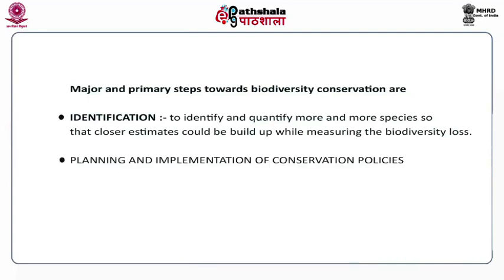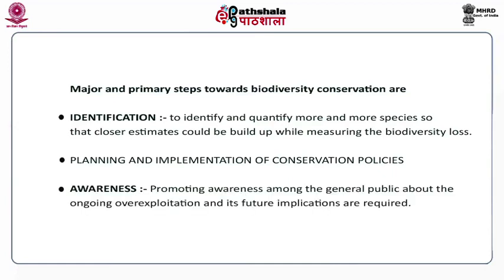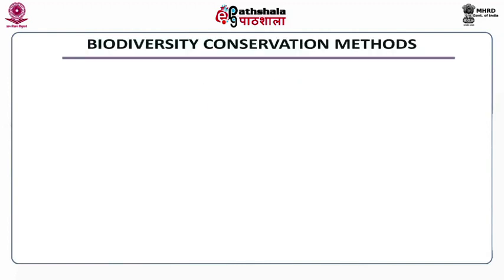Another step can be planning and implementation of conservation policy and awareness, means promoting awareness among the general public about the ongoing over exploitation and its future implications. And the third important thing is the sharing of information. Whatever information is created about biodiversity, that should be shared with the policymakers, scientists as well as the general public.